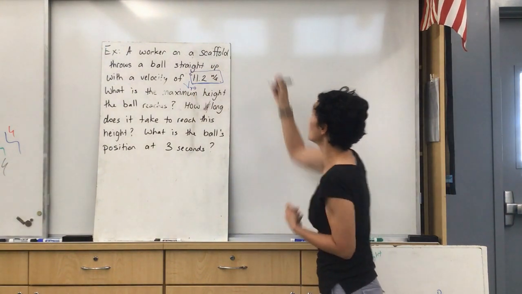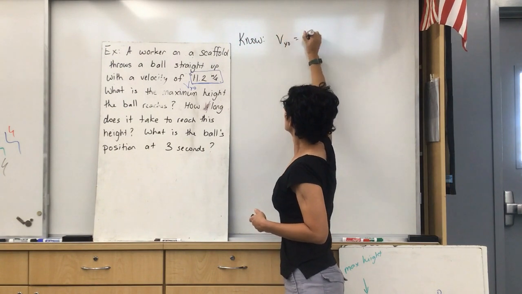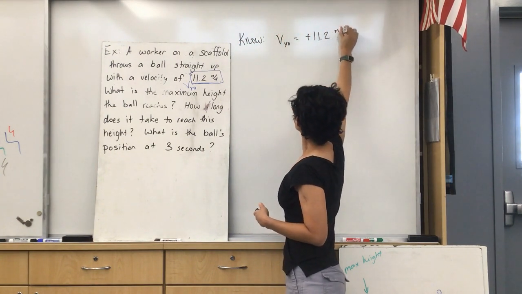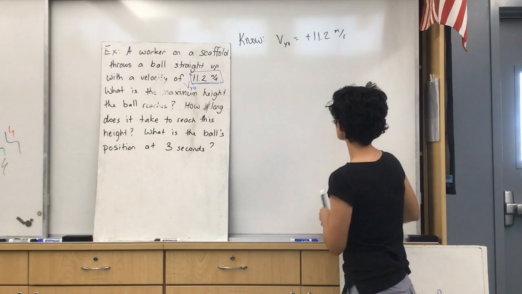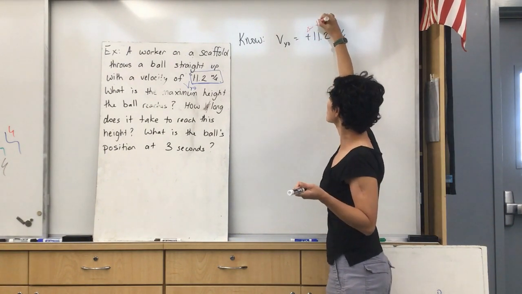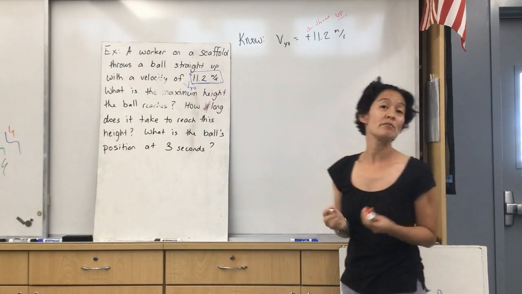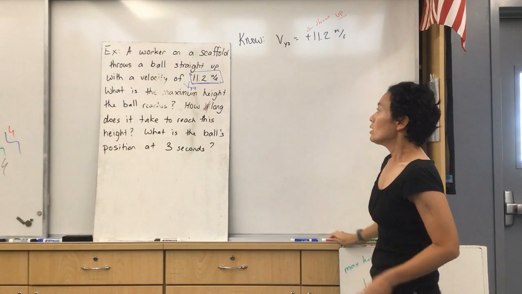It's something that I know. And it's thrown upwards. I made that positive in particular because it's thrown up. If it was thrown down, I'd have to make that a negative. Okay, so it's thrown up.